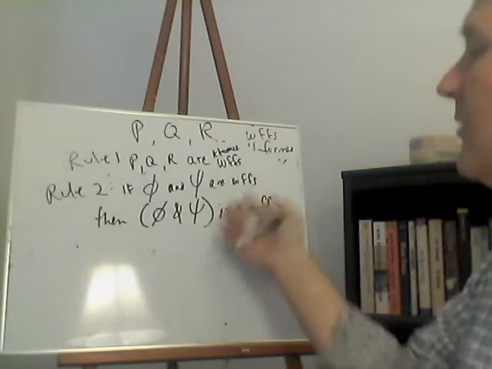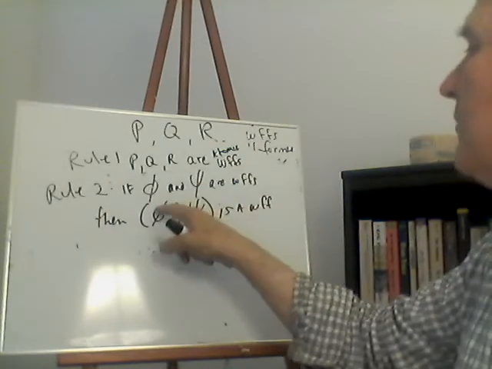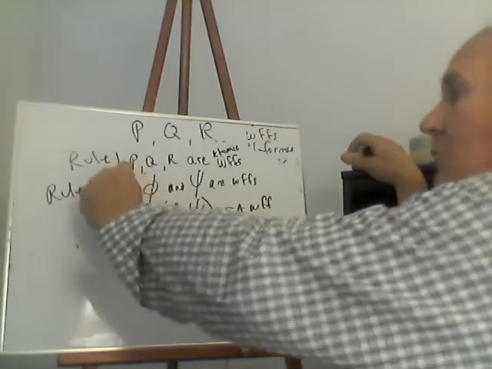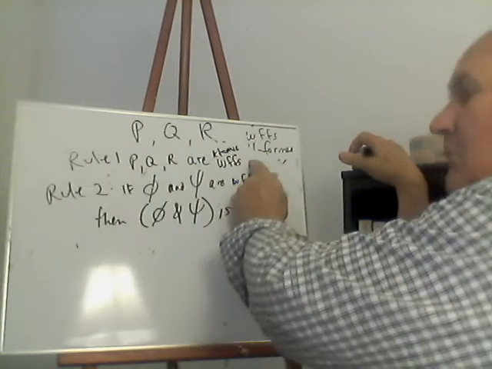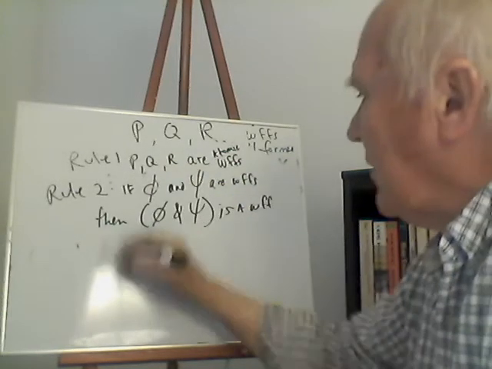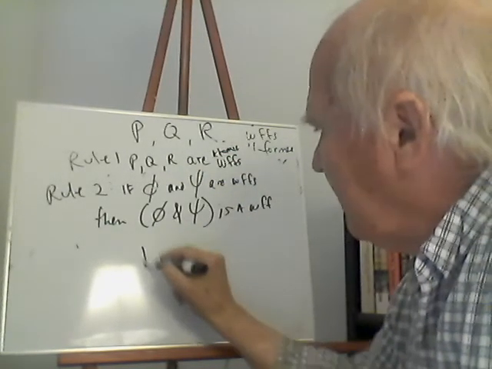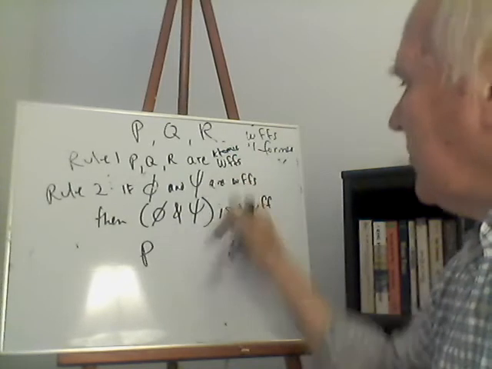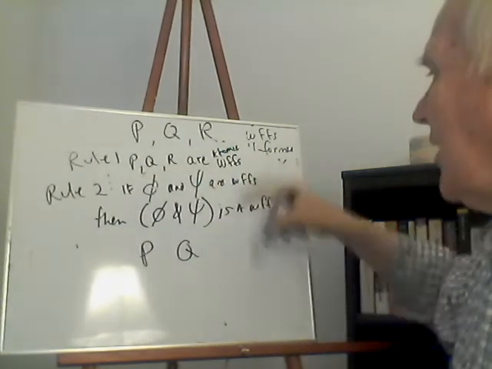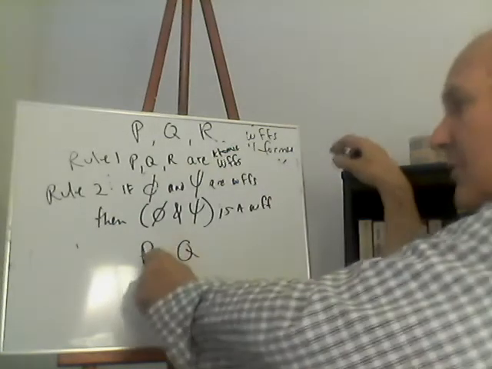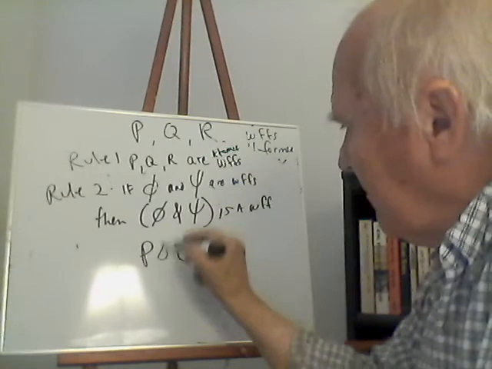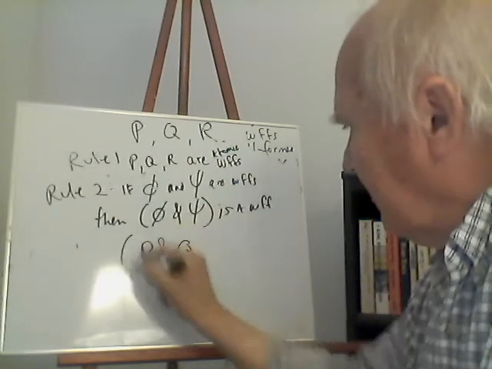Okay, so let's just give an example. If P and Q, for example, are WFFs, from rule 1, P is a WFF, Q is a WFF. So in this case, for the phi we'll substitute P, and for the psi we'll substitute Q. And since the rule says if phi and psi are WFFs, which they are, you can always put an ampersand between them and put parentheses around them.